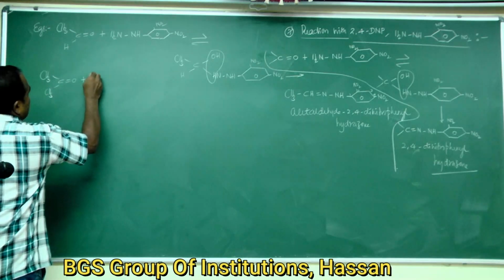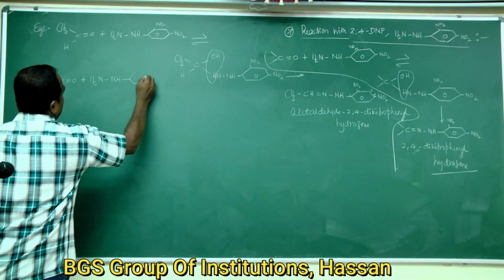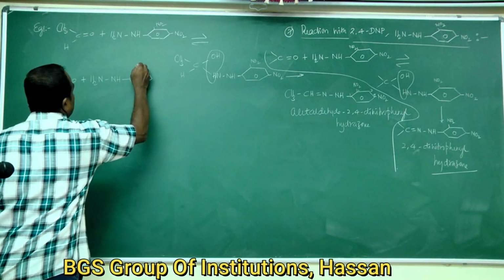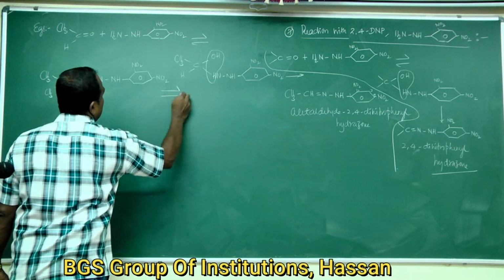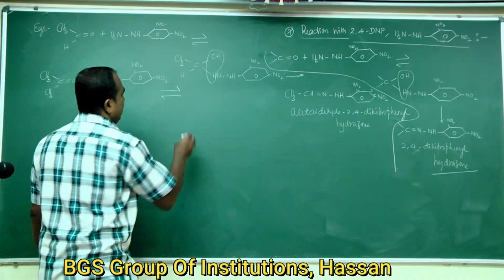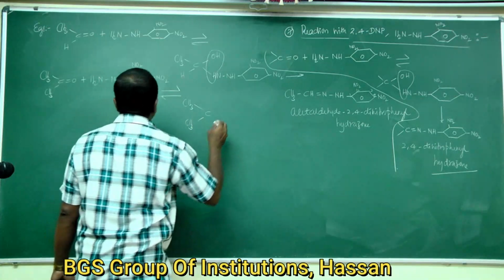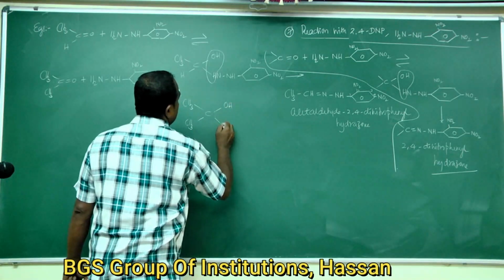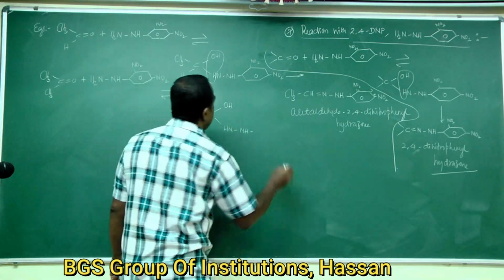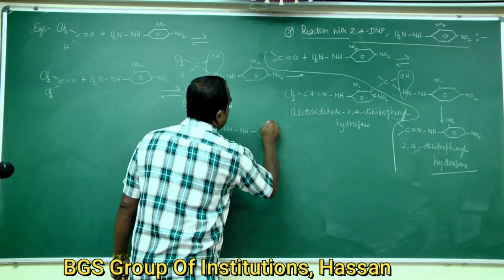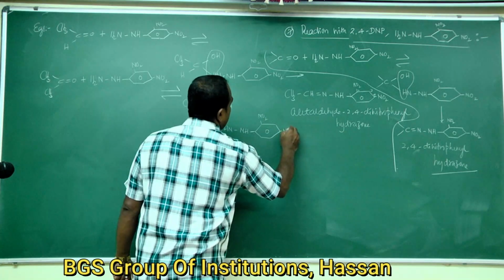Acetone reacts with 2,4-DNP, 2,4-dinitrophenylhydrazine, to form the intermediate CH3-C-CH3 with OH, NH, NH connected to the benzene ring with nitro groups at the 2,4 positions.